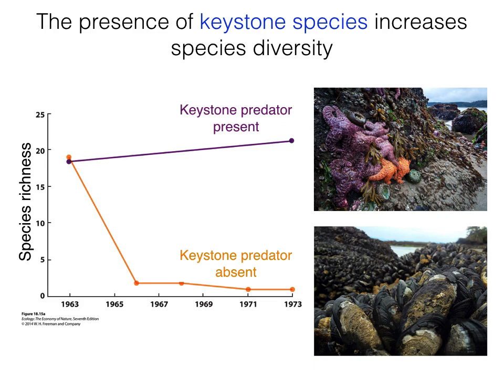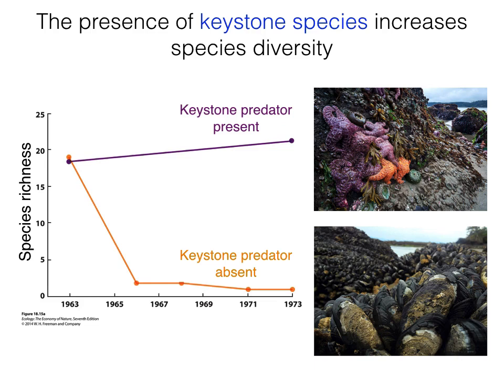The first is the presence of keystone species, as we just discussed with the wolves. These data are from an intertidal community, where a lot of this work was done by Bob Paine early in the 60s and 70s. And Bob Paine, by the way, was sort of the originator of the keystone species concept.